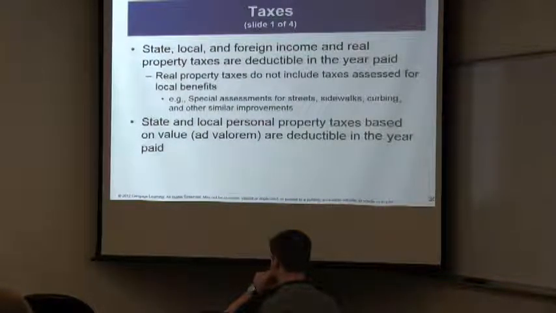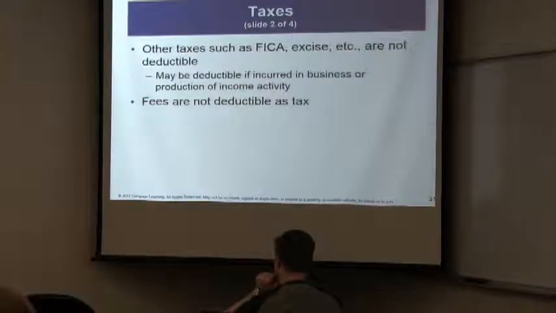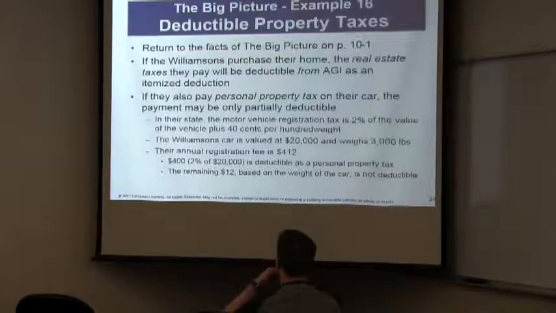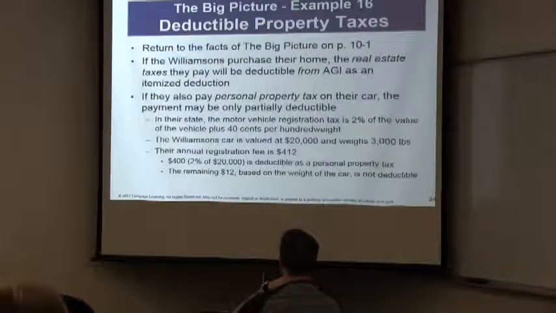So there's a simple example in the book, and actually it is on the slides too. So I'll just scroll through the slides real fast because it is in the slides and it's in the book. So these taxpayers, which were in the big picture facts, which I said I didn't want to use, which we're not using, but in this hypothetical, they pay personal property tax on their car.